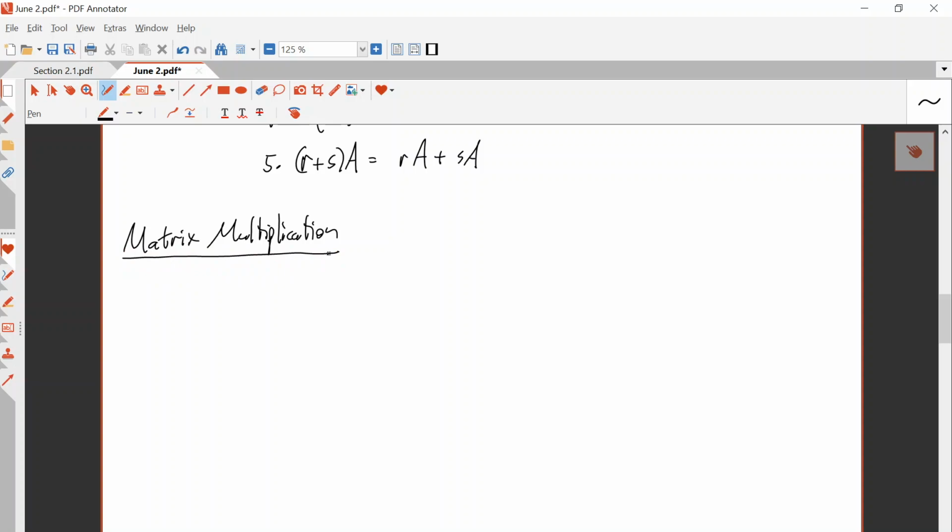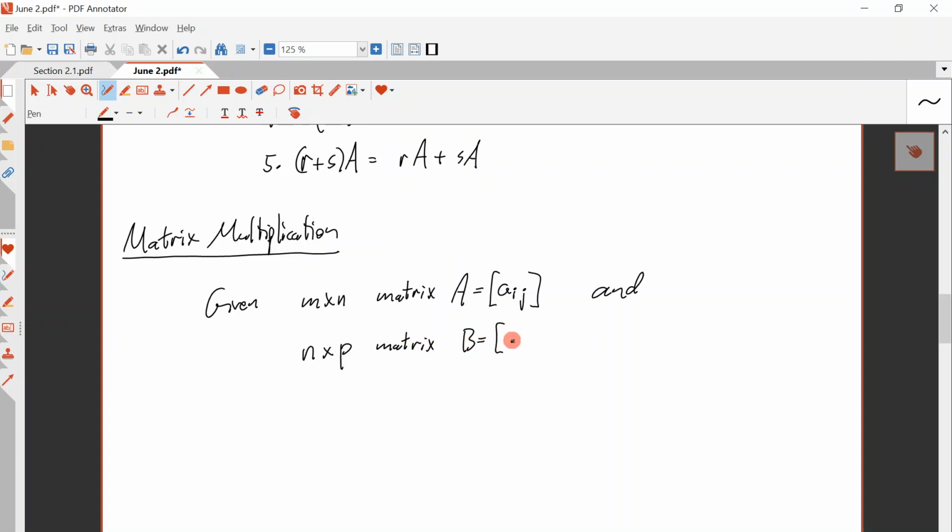Okay, so this one's a little more complicated than the other ones, but given an M by N matrix A equal to Aij, and an N by P matrix B equal to Bij, like that.